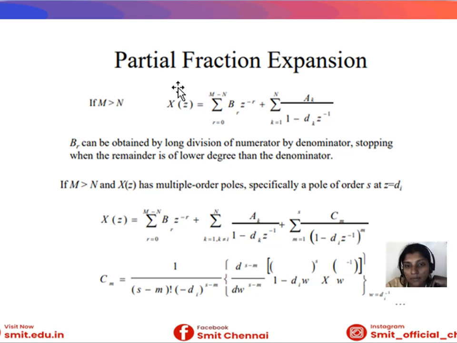This is X of z equal to summation r equal to 0 to m minus n B r z power minus r plus summation k equal to 1 to n A k by 1 minus d k z power minus 1. Again solving this we are getting additionally the C m value. C m equals 1 by this value.